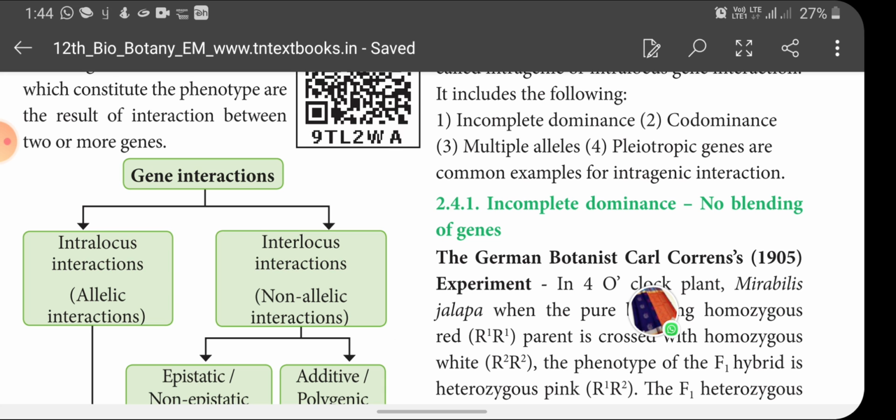Then interlocus interaction, which is called non-allelic interaction. Actually, alleles are located in the same locus of a chromosome, but non-alleles are located at different loci of the chromosome. That's why it is called allelic interaction and non-allelic interaction.